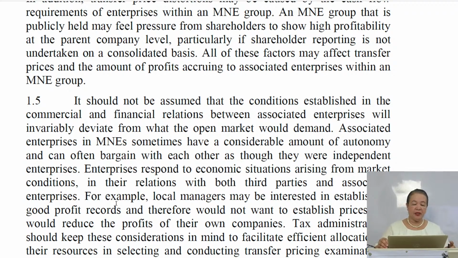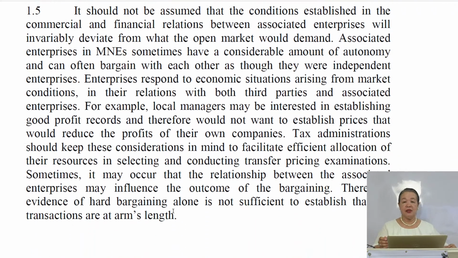Associated enterprises in M&Es sometimes have a considerable amount of autonomy and can often bargain with each other as though they were independent enterprises. So they can also act like they are independent. Enterprises respond to economic situations arising from market conditions.